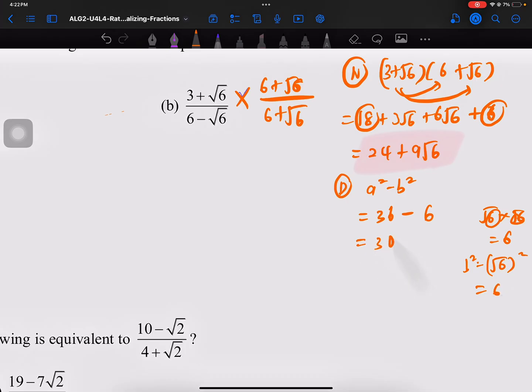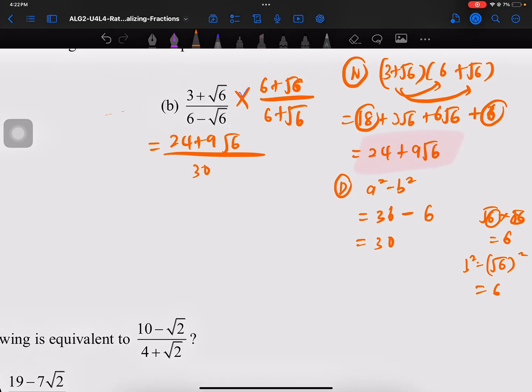Now we put it inside the original expression. After multiplying by the conjugate, we now need to reduce the fraction. Factor out the common factor 3 from numerator and denominator.